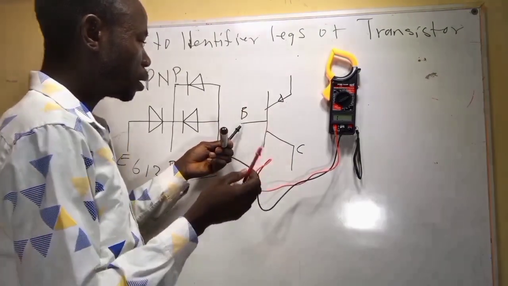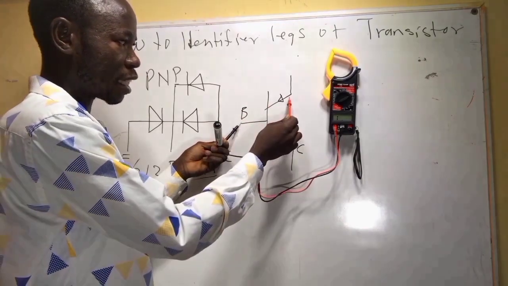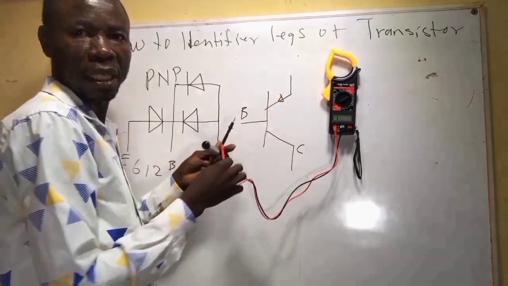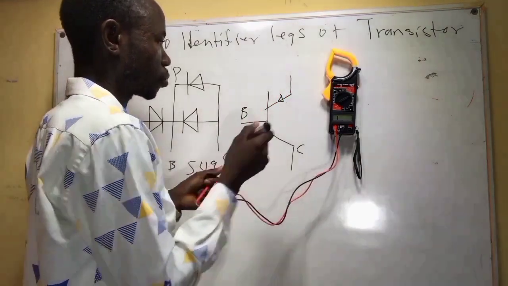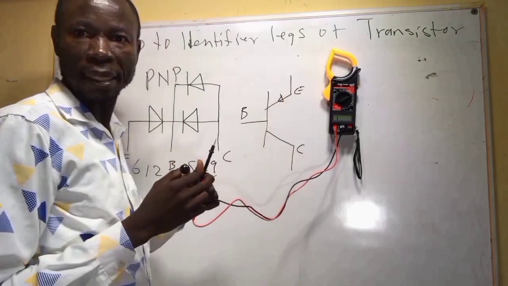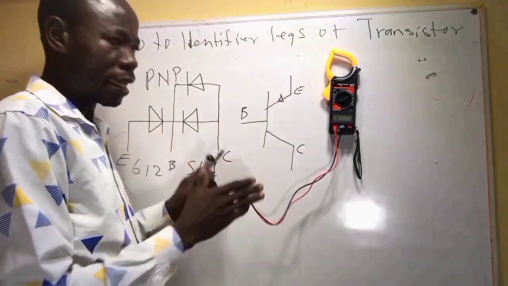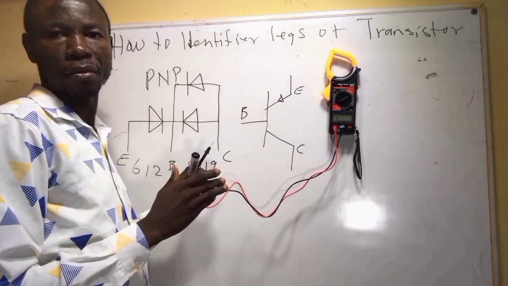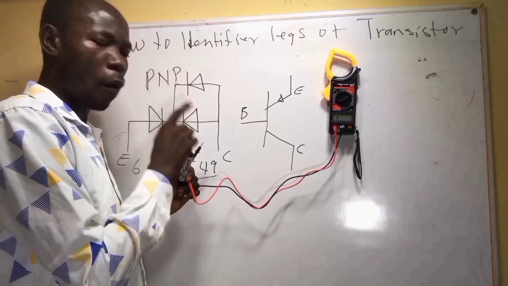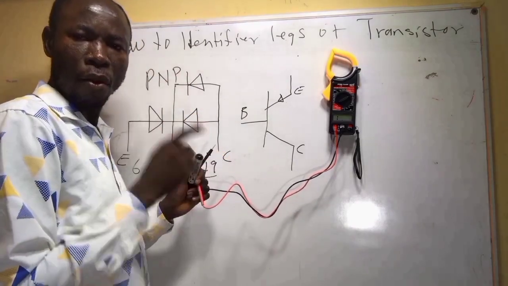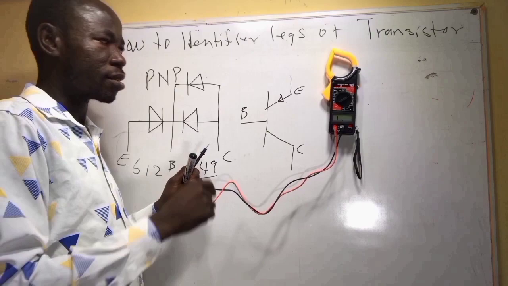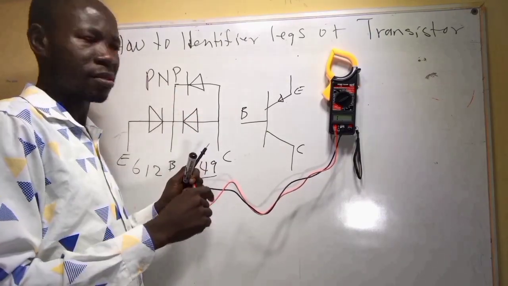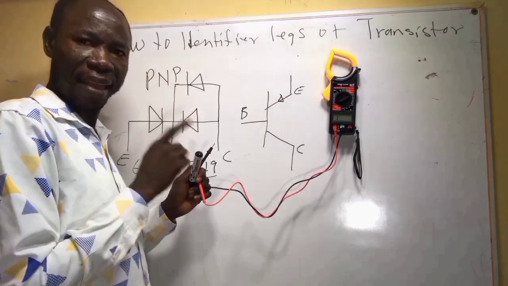So when you put the positive to this leg and it reads higher, it means this point is what? Emitter. Right? The same thing applies to an NPN transistor. Always base to collector reads lower resistance than base to emitter.